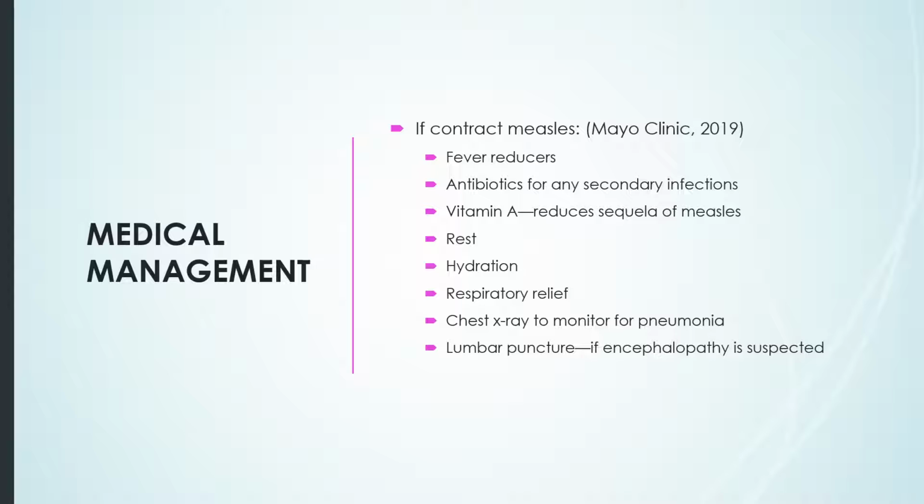Vitamin A, because like I said before, if you are vitamin A deficient, it causes more severe symptoms. So just making sure that there's no deficiency in vitamin A could potentially help. A lot of rest, hydration, respiratory relief, a chest x-ray to monitor for pneumonia is important, and then a lumbar puncture as well if encephalopathy is suspected.